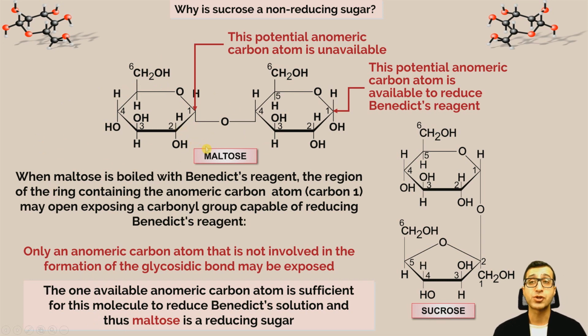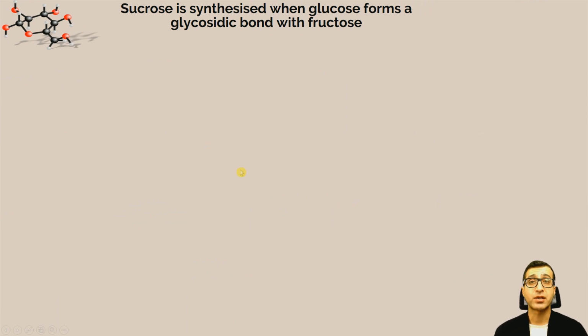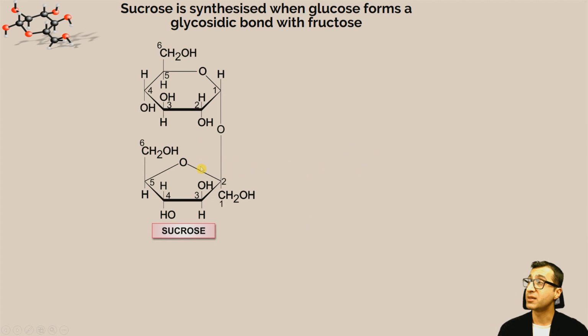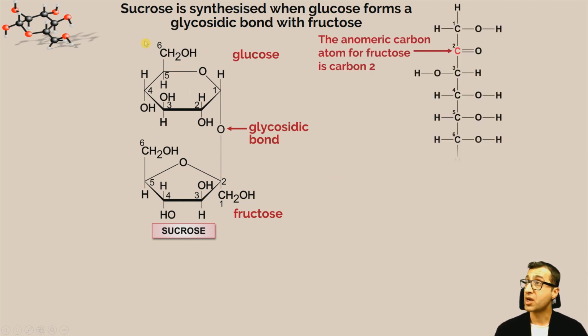thus maltose is therefore a reducing sugar. Now, if we contrast that with sucrose, sucrose is synthesized when glucose forms a glycosidic bond with fructose in this manner. And so this here would be the glycosidic bond that joins these two monosaccharide subunits together to form the disaccharide. And so the anomeric carbon for fructose is carbon 2.